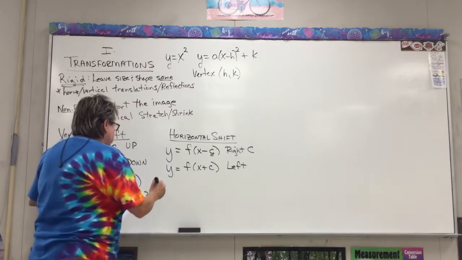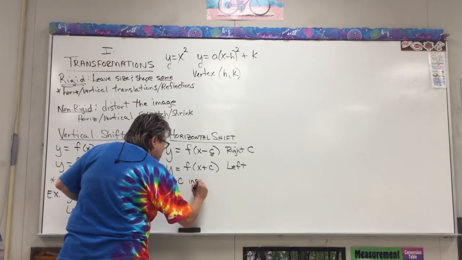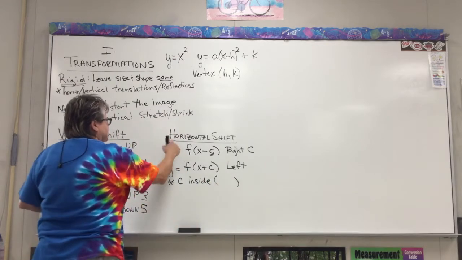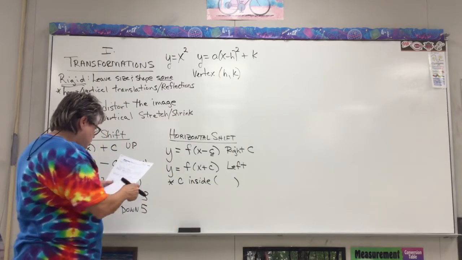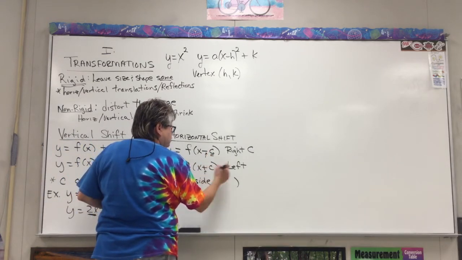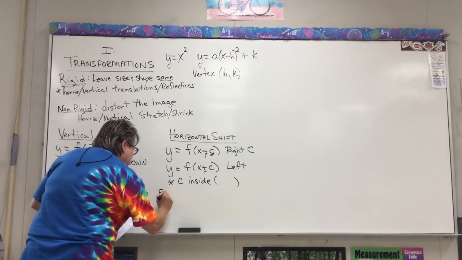So I guess we could make a little statement that if c is inside your parentheses, you've got a horizontal shift happening. You just got to remember the signs on the inside: you're always moving the opposite of whatever that says.